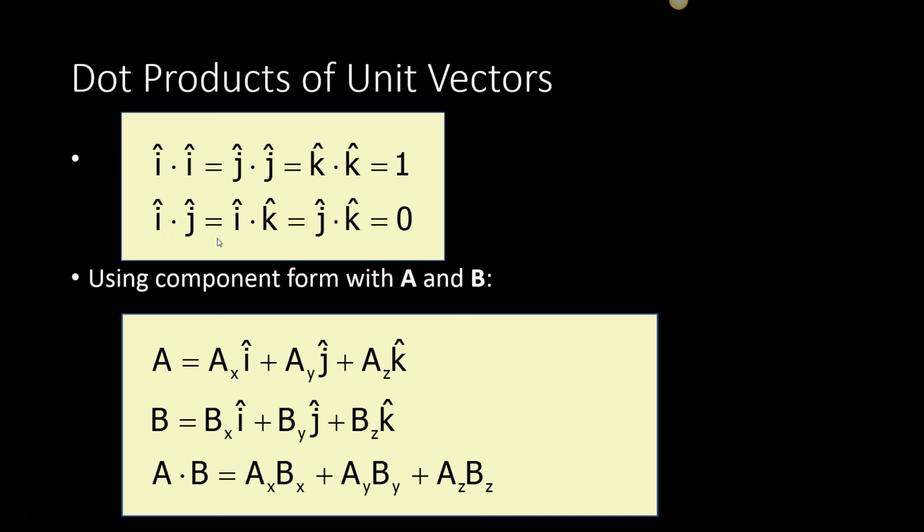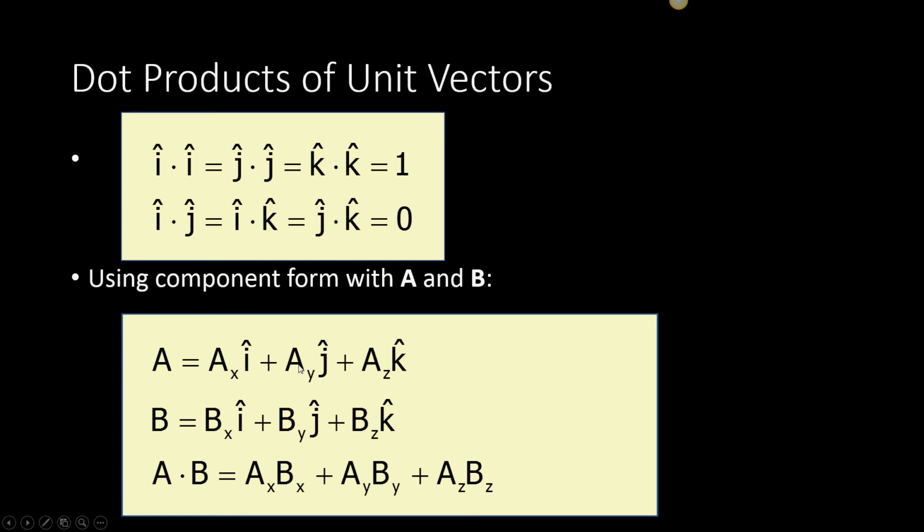If we're going to do our dot product with components, here's how it gets written out because of the law we just gave you above. You would think that when you multiplied A times B, you would have a total of 9 components, because we've got A sub x times all 3 of these, and the A sub y times all 3 of these, and the A sub z times all 3 of these.